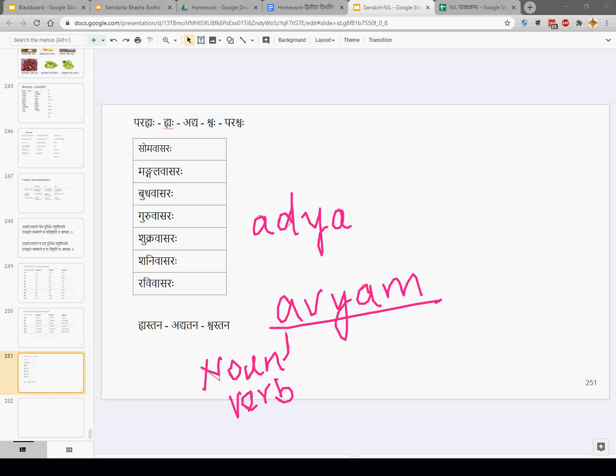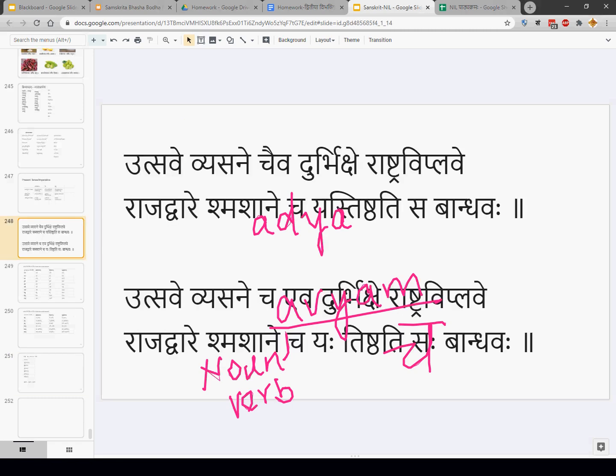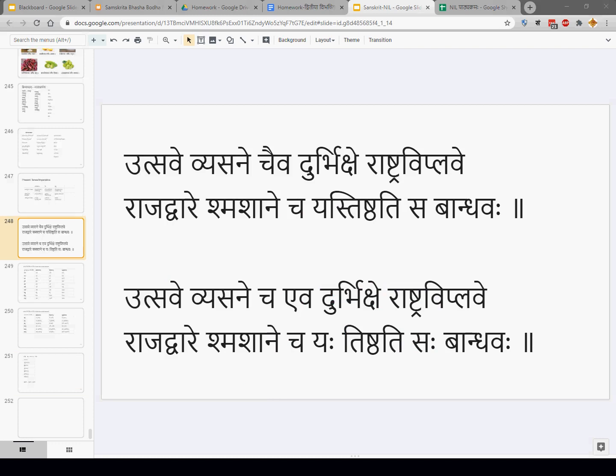Another example is cha. In many shlokas you come across cha very often, like here, for example, Utsve rajadware smashane cha. Cha usually means and, or even eva. Eva means that itself; when emphasizing something, we use eva.